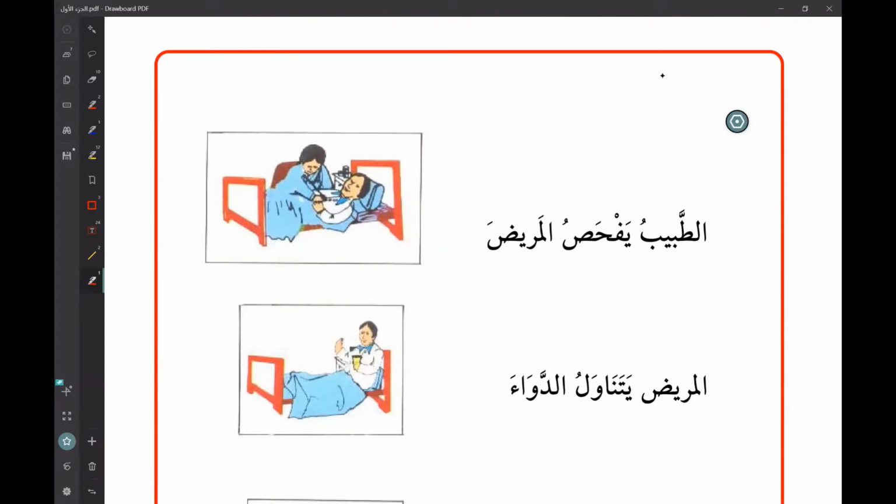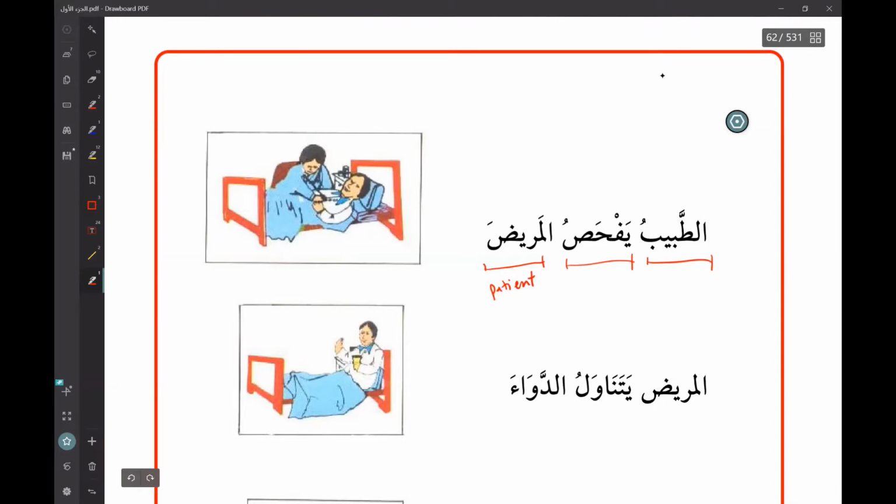The first one says الطبيب يفحص المريض. Okay, الطبيب يفحص المريض. So we understand what الطبيب means, the doctor. So we have a new verb, يفحص. What does يفحص mean? يفحص is to check. You know, the doctor checks when you examine a patient. So we have المريض is patient.